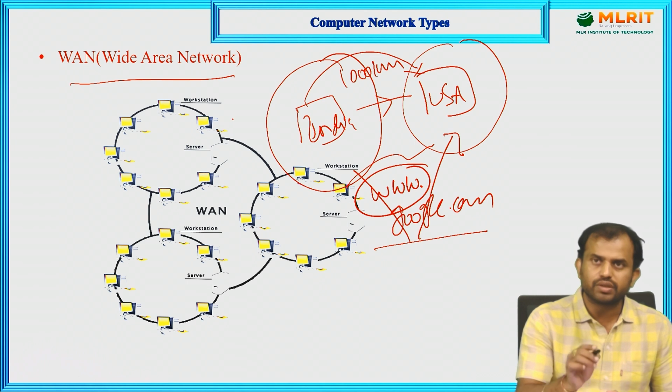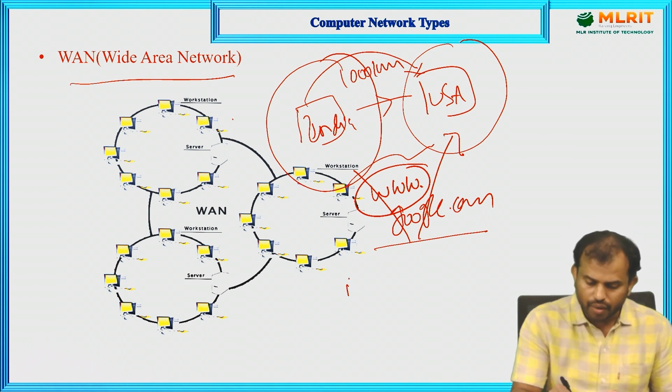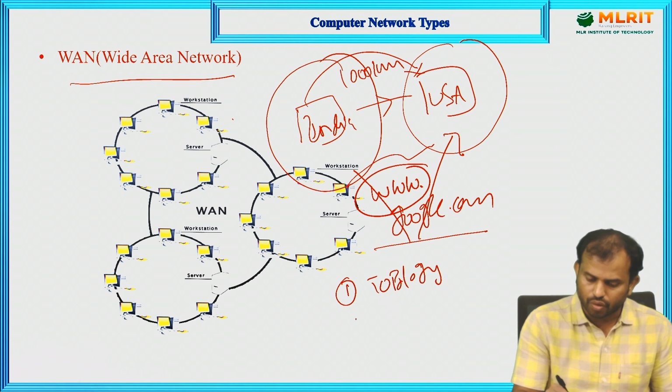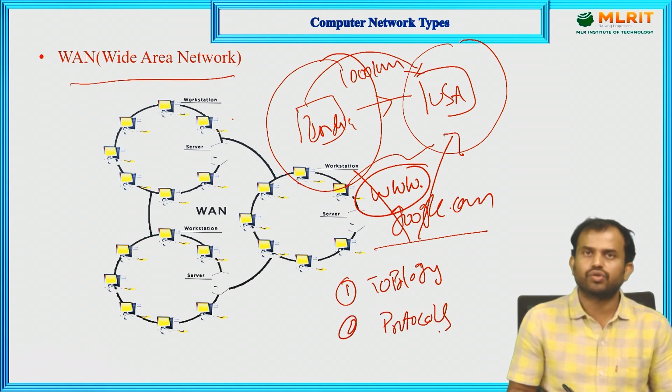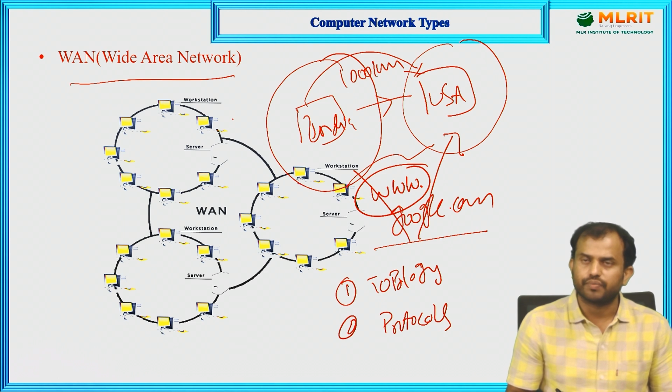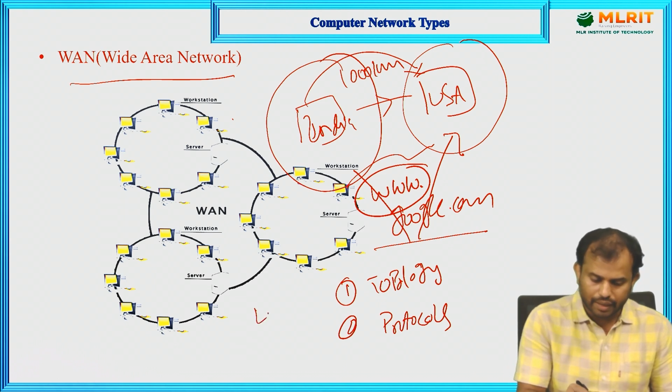While establishing a network architecture, we follow many kinds of topologies and many kinds of protocols. We establish these network types. What is a network type? We have the LAN connection, the PAN connection, the MAN connection, as well as the WAN connection.